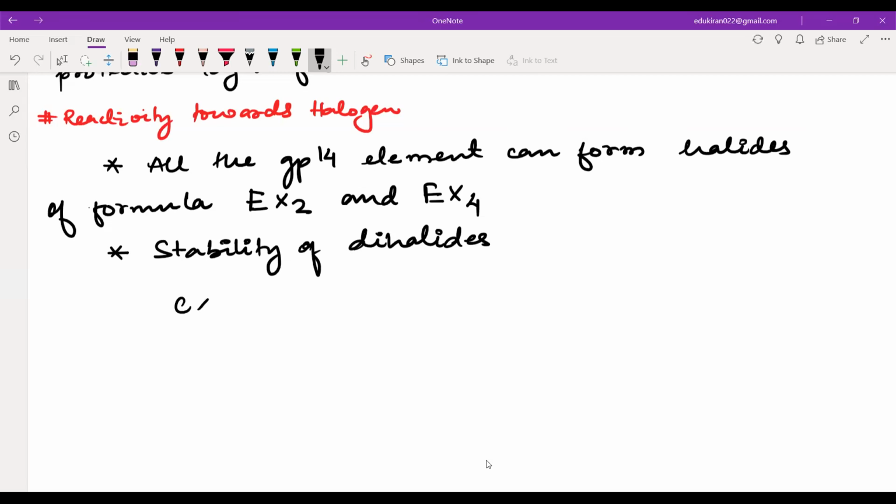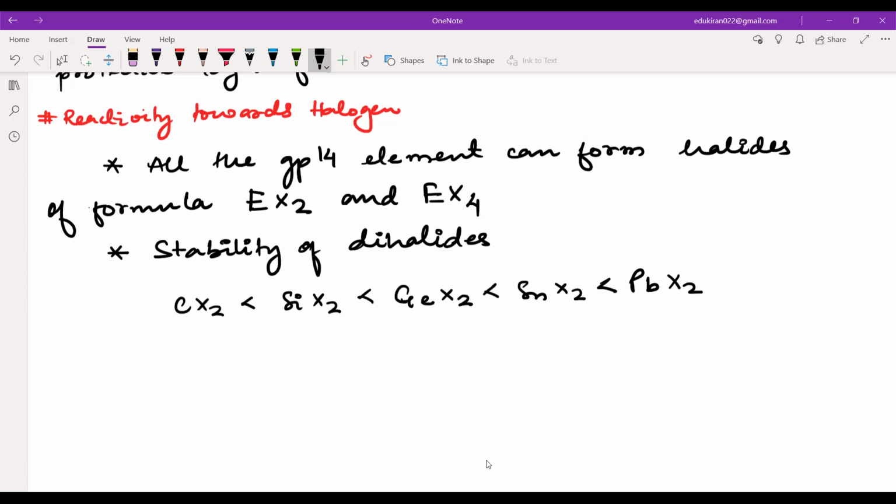So CX2 is least stable, followed by SiX2, then GeX2, SnX2, followed by PbX2. Okay, so this is the stability of dihalides.